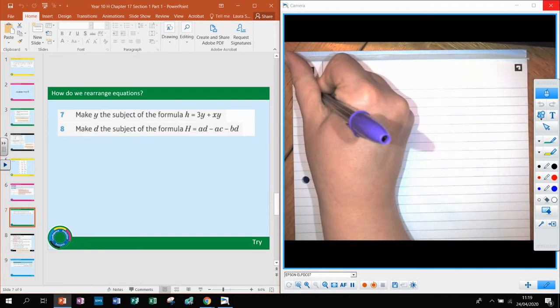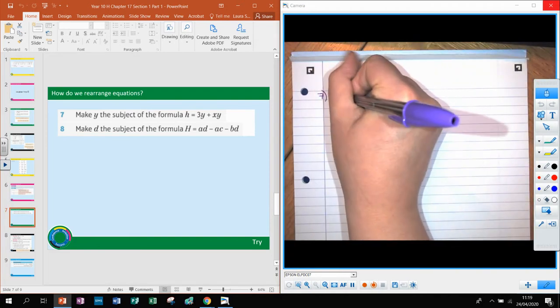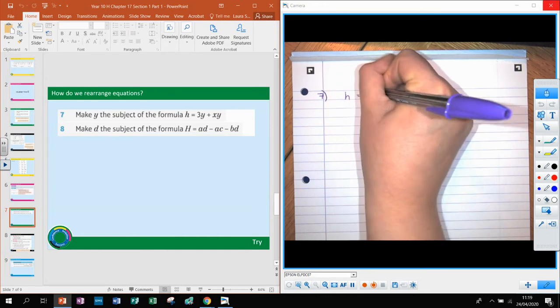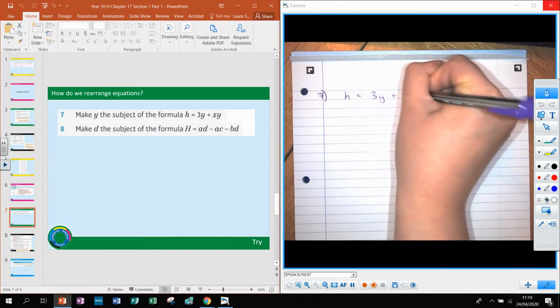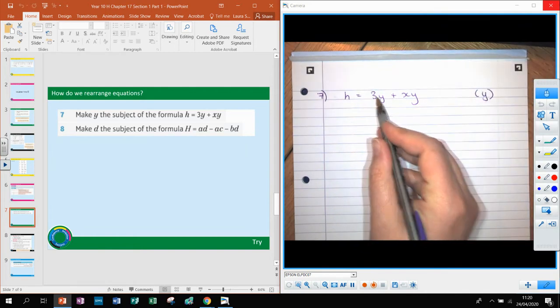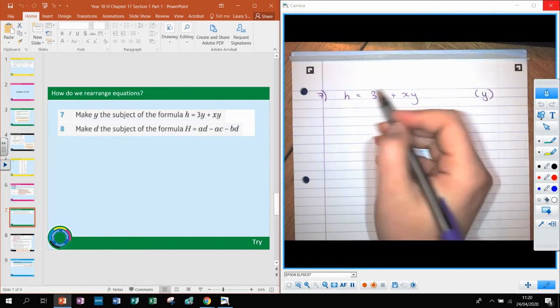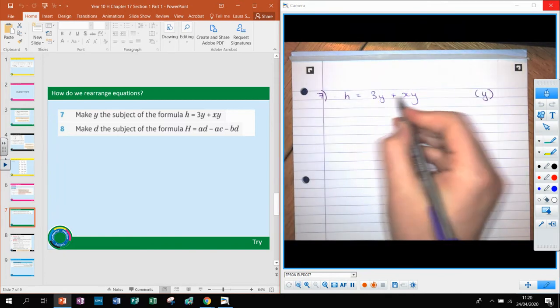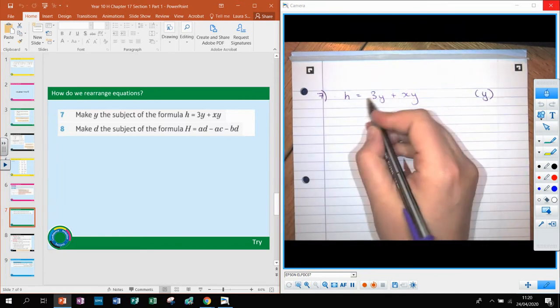Okay, so for question 7, we had H is equal to 3Y plus XY, and they want Y to be the subject. So already it's set up properly for me. I don't need to worry about subtracting anything because I only have expressions with Y on the right.